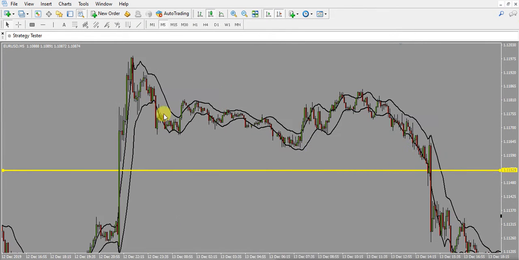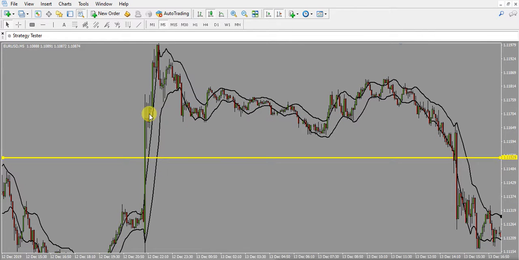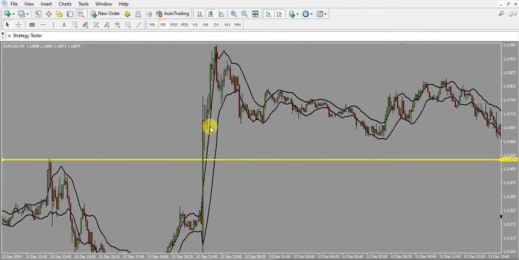But yeah, so this would be an iffy trade to get in here on that extreme break of this level, and if it did come down close to this level, if you were lucky enough to be able to get in here and set a stop loss at that level, I mean, yeah, that's a good trade, but it's risky. It's about keeping your losses low.